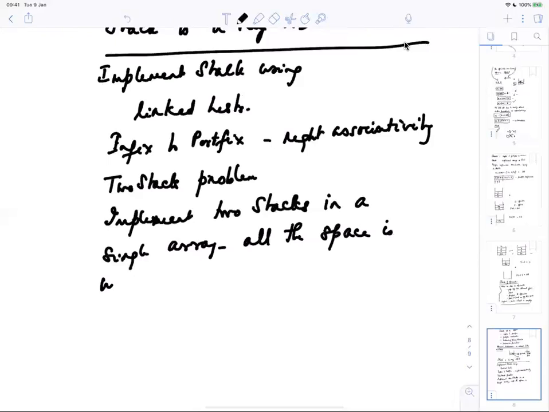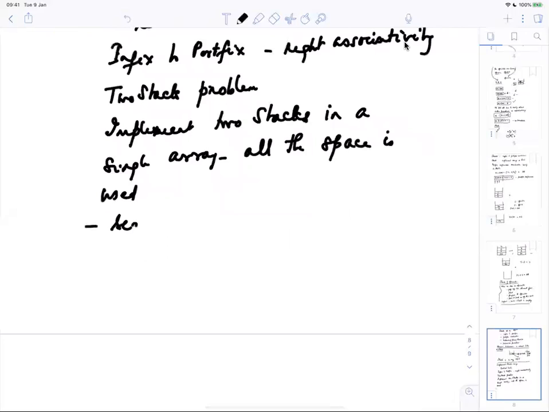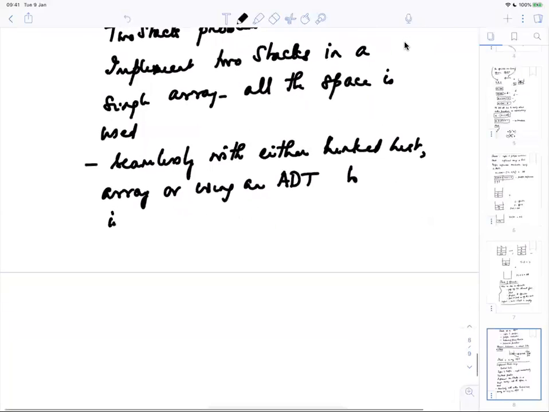Okay. And I want you to write whatever programs you write, they should work seamlessly with either linked list or array or using an ADT list to implement the stack.